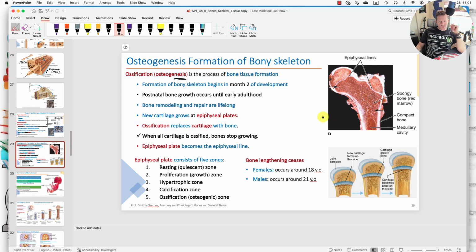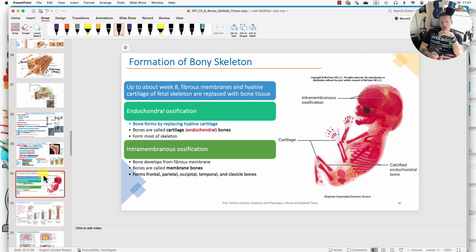New cartilage grows at the epiphyseal plates, and ossification replaces the cartilage within the bone. When all the cartilage is ossified, bones stop growing, and the epiphyseal plate becomes an epiphyseal line. So that's basically the overview of the entire process. Formation of the bony skeleton before birth: up to about week 8, fibrous membranes and the hyaline cartilage of the fetal skeleton.